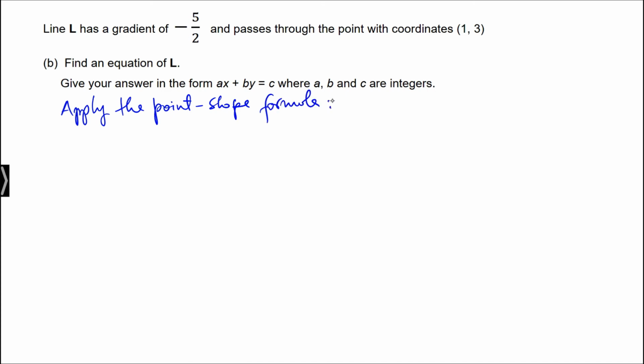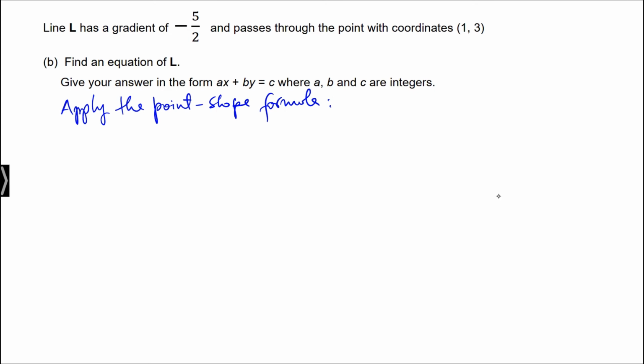So the point slope formula states that if you have a gradient of a line and a point where the line is passing through, then the equation of the line will be given by y minus y1 should be equal to m into x minus x1. Now in our case here, the gradient of this line is that, so that is what m is, and then our x1 is given by the point from where the line is passing through.